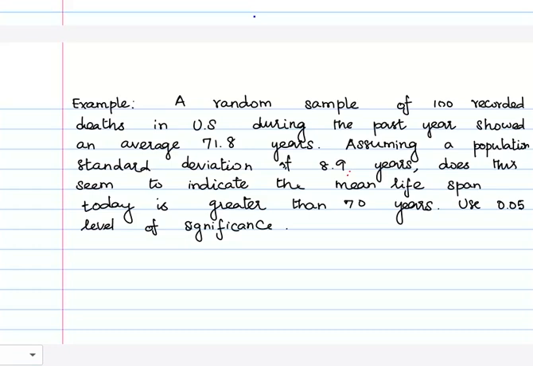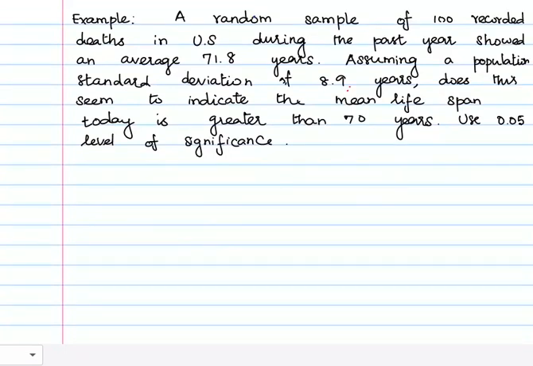Using this data, can I say the mean life span is more than 70 years? That is, the lifespan of a person is greater than 70. Can I say that or not using this sample? That is my question.